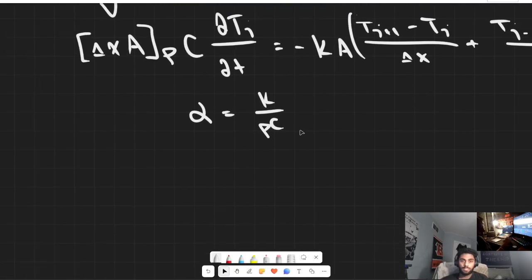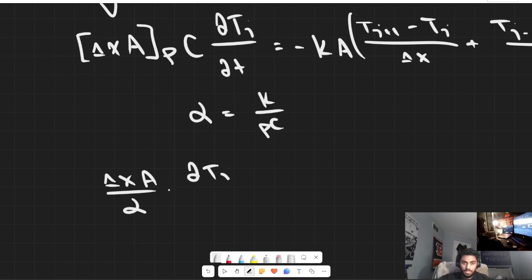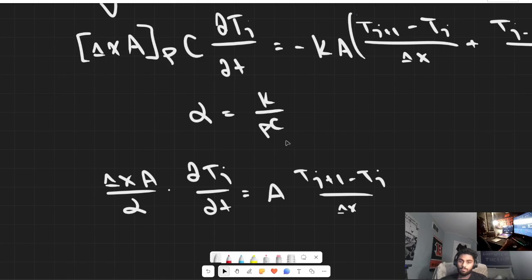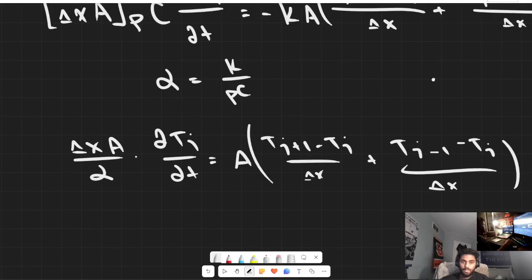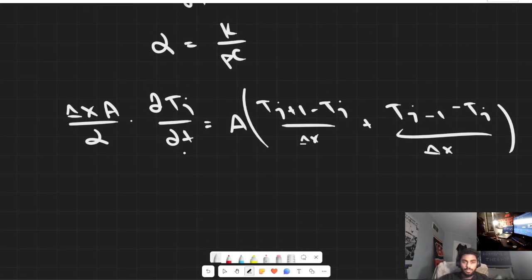So we can rewrite this to say delta x over alpha times dTj over dt equals its cross-sectional area, Tj+1 minus Tj over delta x plus Tj-1 minus Tj over delta x. Now, I want to pay attention to this term here.